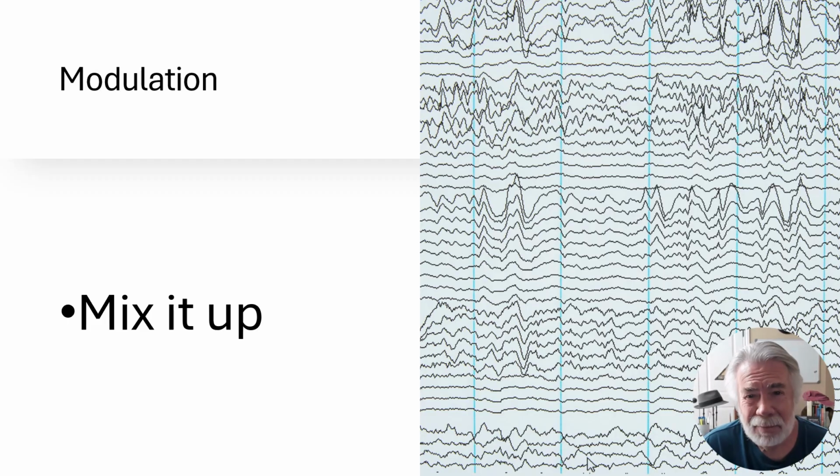Finally, and maybe if not the most important, certainly one of the most important things to remember is modulation, by which I mean changing it up. When we speak just conversationally to someone, we tend to speed up and slow down. We raise our voice, we lower our voice, we change our tone, our pitch. These changes are modulation, and they are natural.